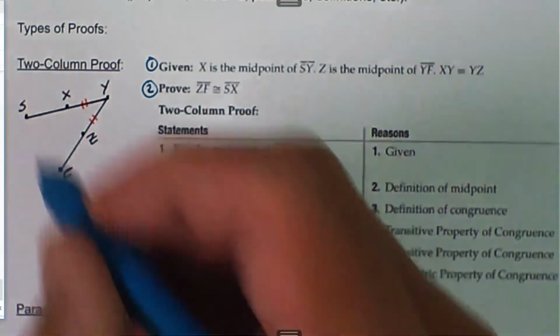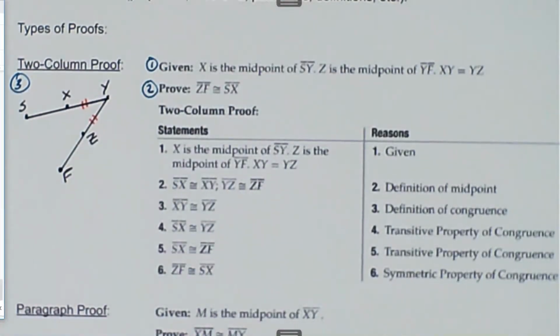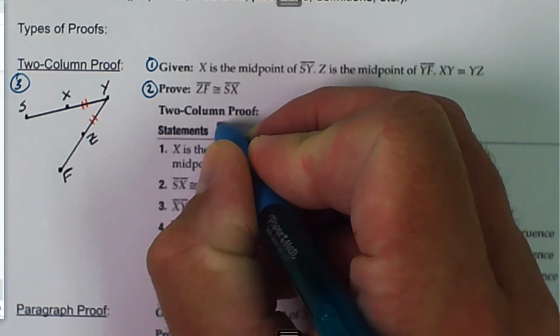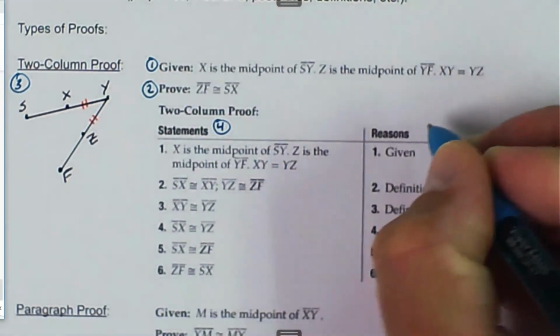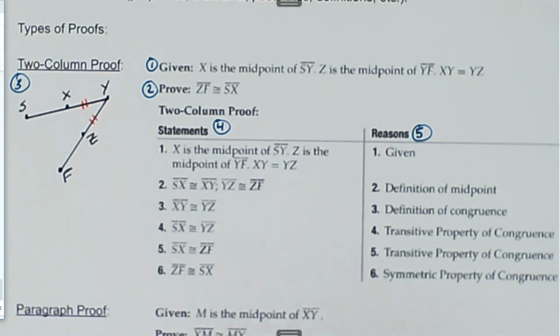The next thing that we want to look at is the diagram. So that's the third part. We have to make sure we have a good diagram that can help us solve what we're trying to prove. And the next part after that, we have our statements and our reasons that we can make those statements. Can't just go around saying things. We have to have proof or reasons why we can say that.